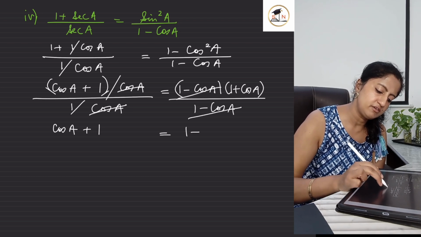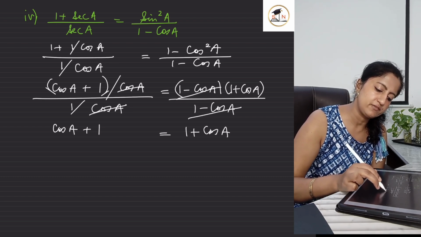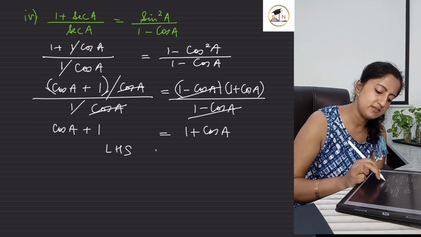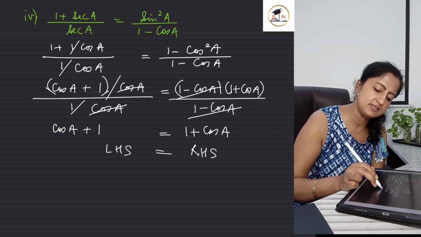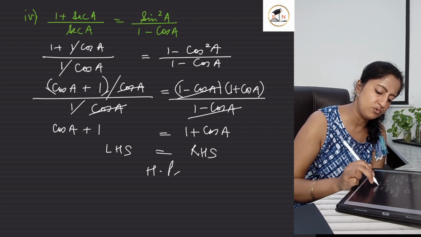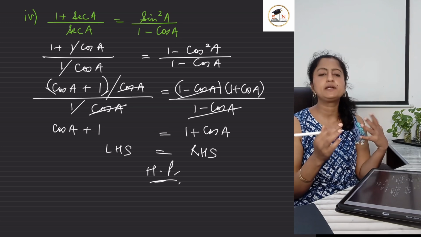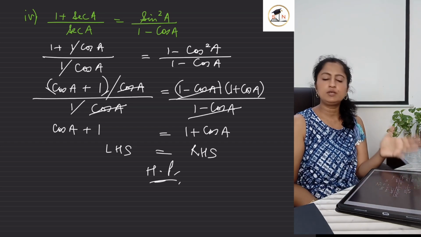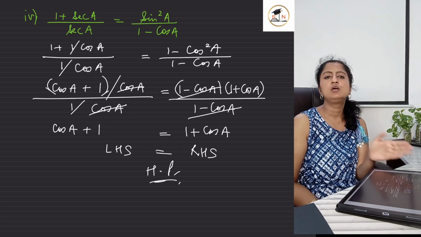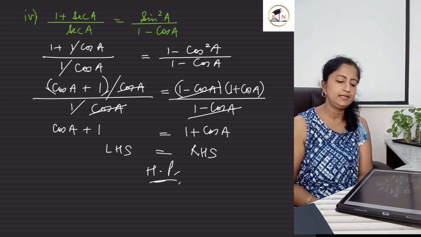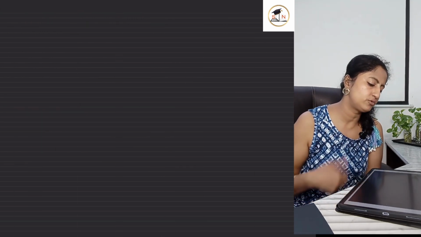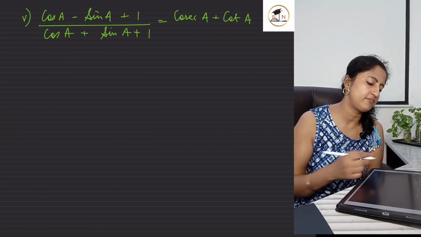What is left? 1 plus cos A. So we have LHS equals RHS and hence proved. It was a pretty easy question, but the only thing was you had to work on both the sides over here, right? Now, let's move on to the next question, which is the fifth one.